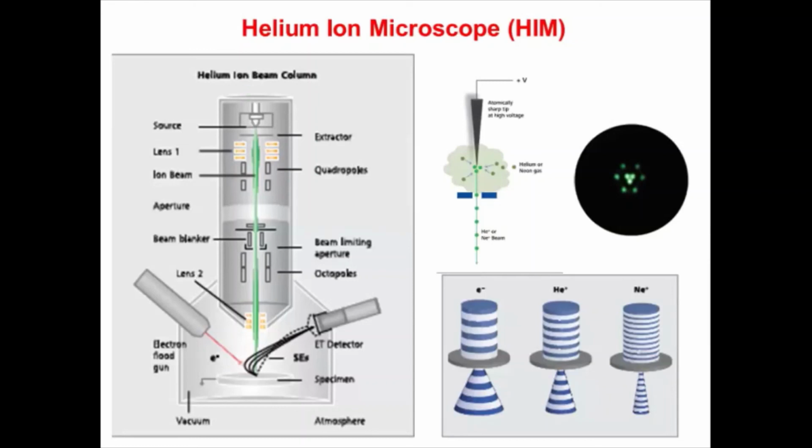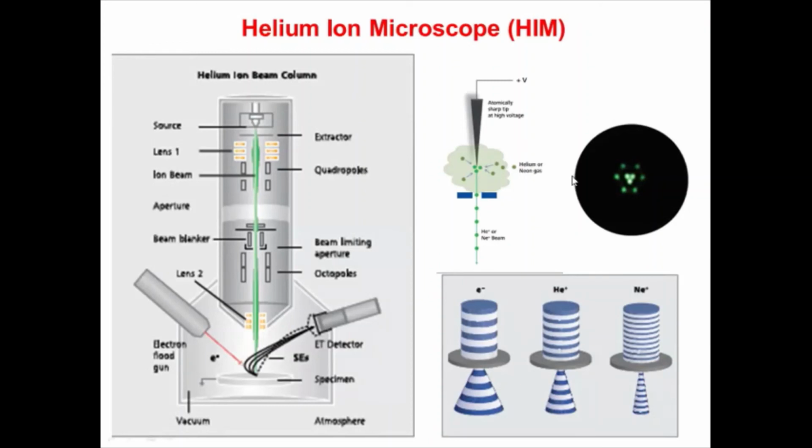So there are only 3 atoms in the topmost layer, and then 6 atoms seen down the layer. From each atom, there will be a field ionization of helium atoms, and these ions will then be accelerated towards the sample to do the imaging or manipulation or machining.